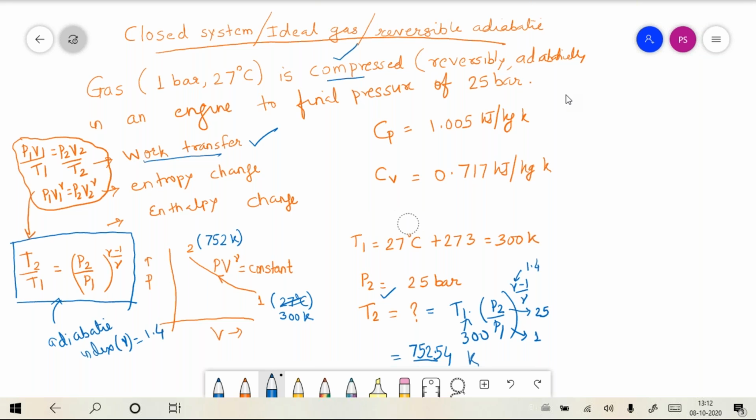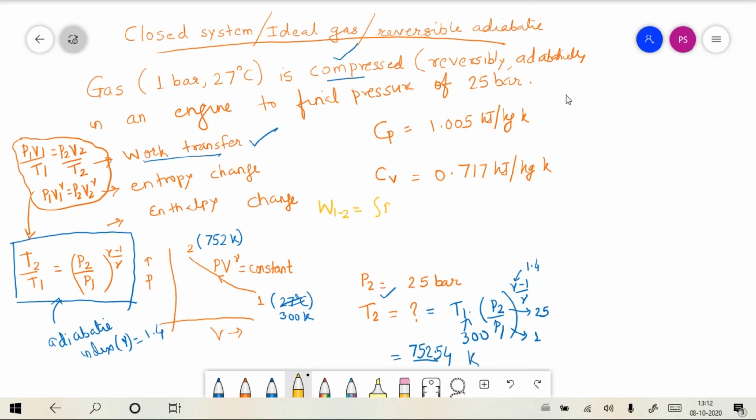So I'm writing this expression for work transfer now. It is equal to the integral of P dV, and we can derive it in terms of temperatures also, as I talked about in the derivation.